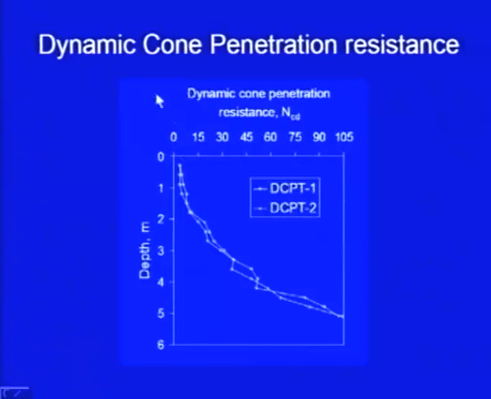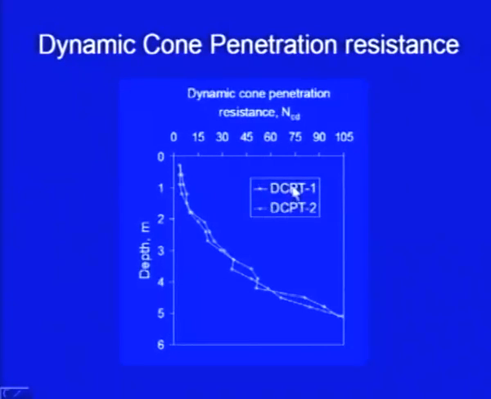Here is an example I have taken from a field study. On the x axis you can see the dynamic cone penetration resistance NCD, for 30 centimeter successive penetration, taken as 0, 15, 30 up to 105, and on the y axis we have taken the depth.